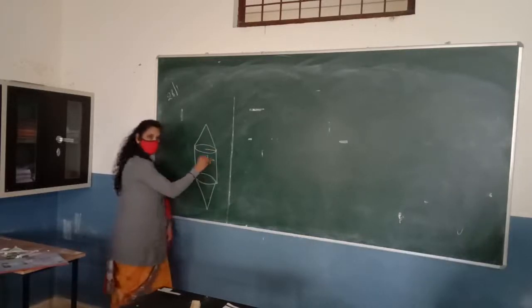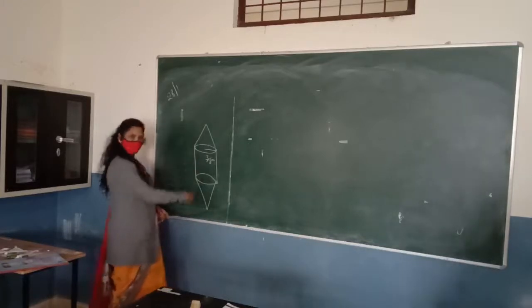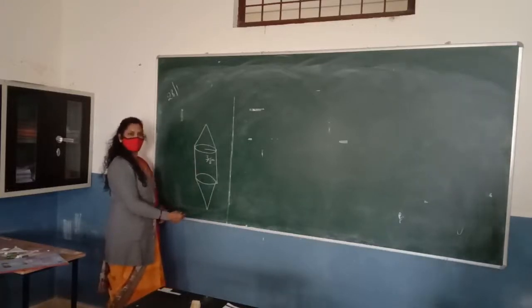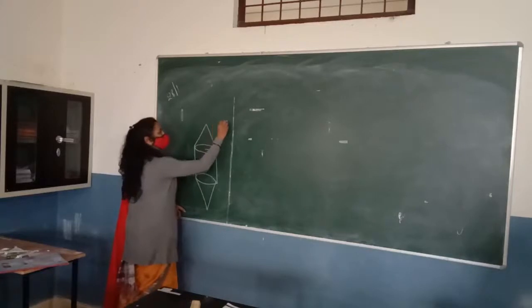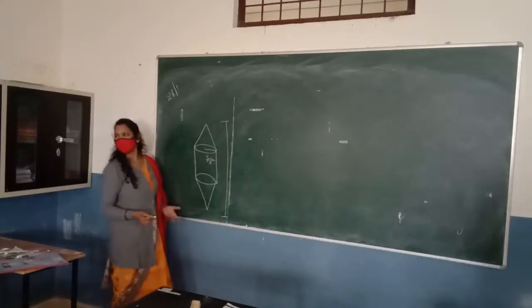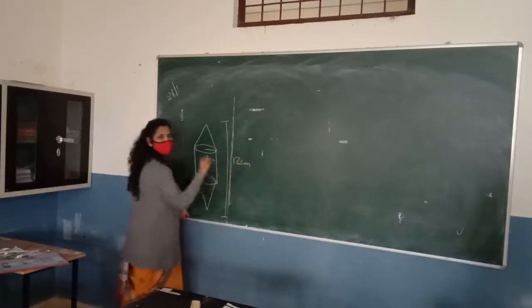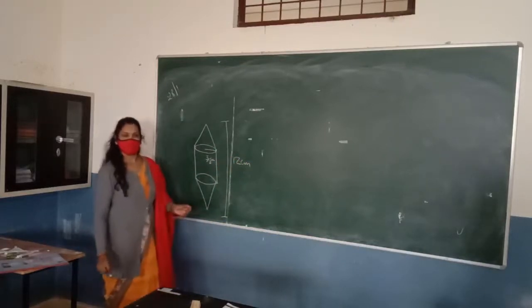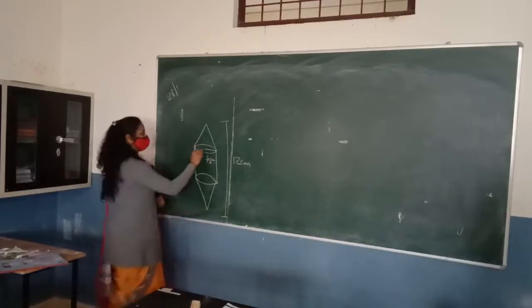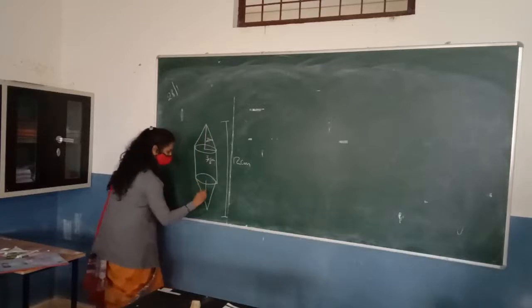So 3/2 is the radius and the length is 12 cm. 12 is the length of the whole model. If each cone has a height of 2 cm, find the volume of air contained in the model.